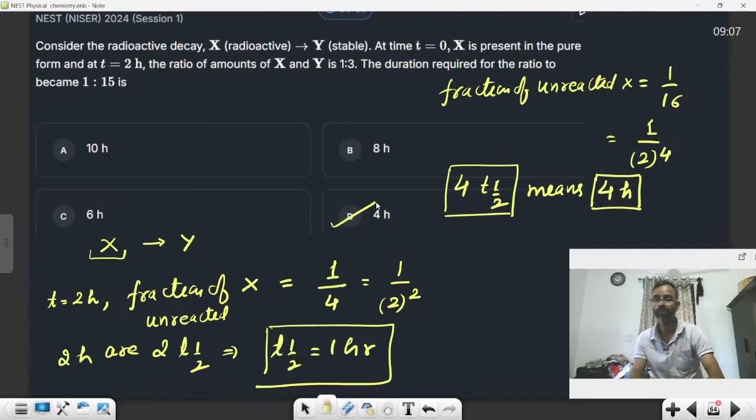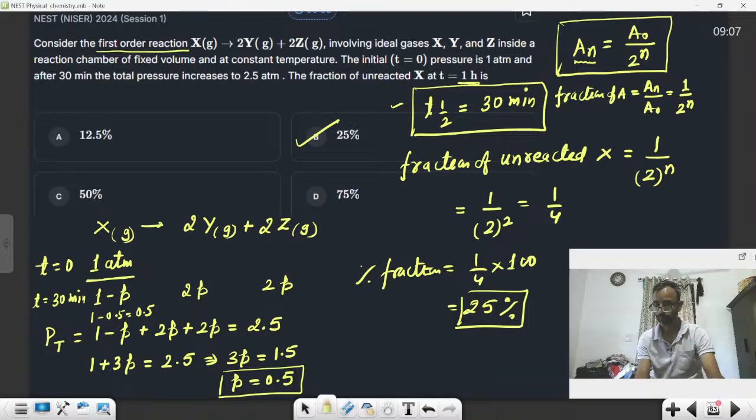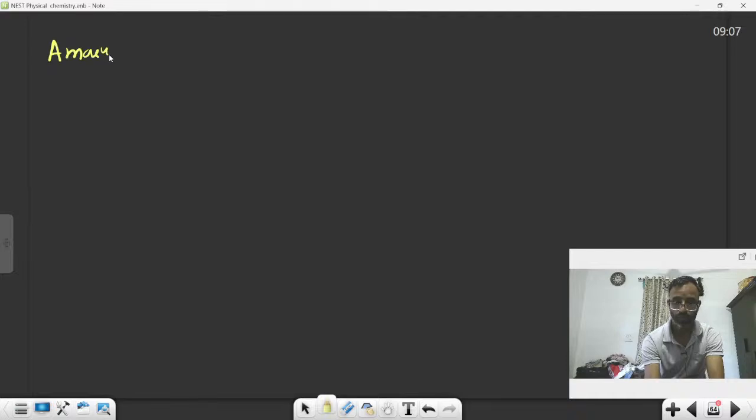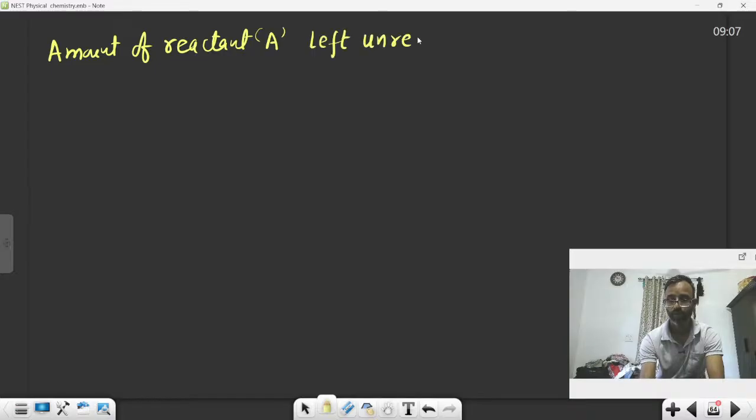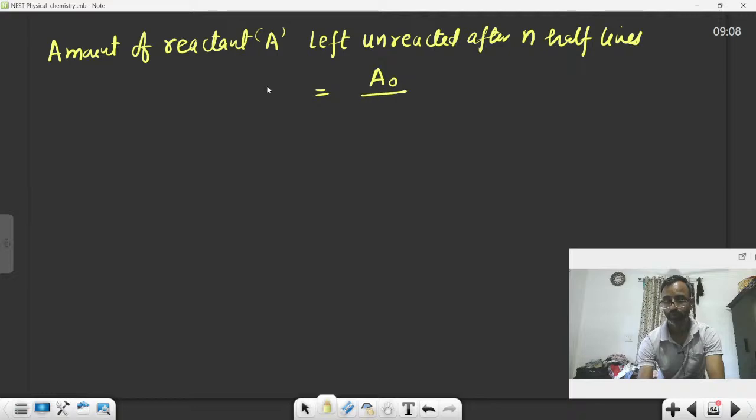Yes beta. Yes, actually, look, say this one: amount of reactant, let's say A, left unreacted after n half-lives, that is equal to, let us say An.